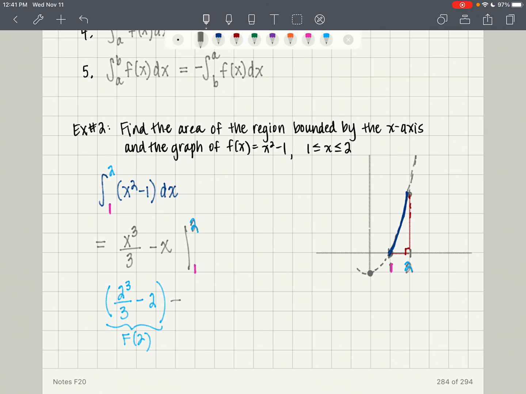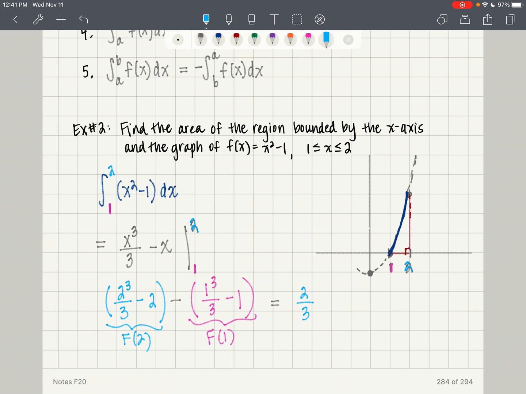And then we're going to subtract from that f of 1. And f of 1 is going to be 1 cubed over 3 minus 1. In place of x, we'll put a 1. And when we subtract those two values, we're going to get 8/3 minus 6/3. I'm going to move over to the right because I've run out of room, but I'll keep color coding.